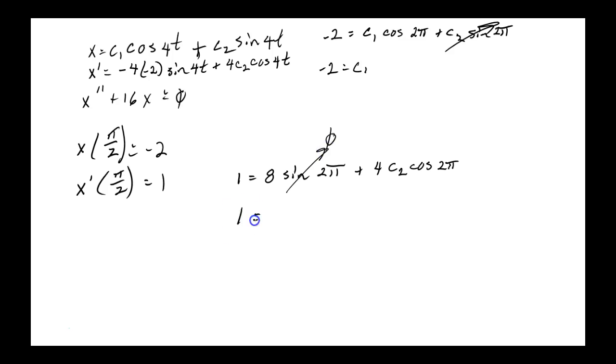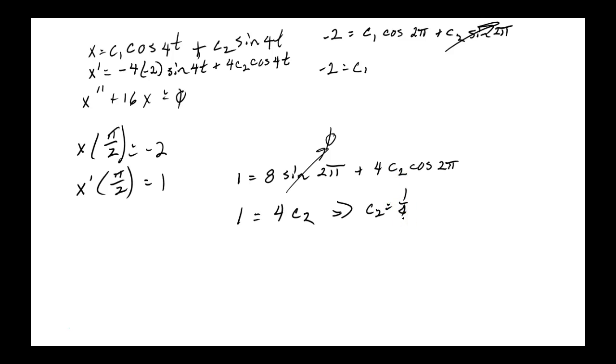So you have 1 is equal to 4 C2, because cosine of 2 pi is 1, right? So what's C2? One-fourth. Perfect.